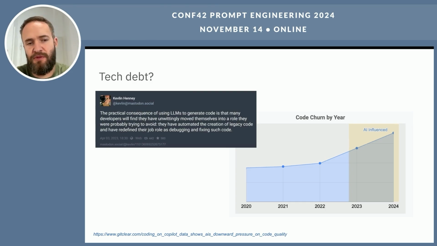There are a couple of comments, and the idea is that the practical consequence of LLMs is that they work well for experienced developers, but for newcomers it becomes a bit problematic because LLMs generate some code, but you need to understand whether it is okay or not, and how to modify it. And it requires experience to work with it.